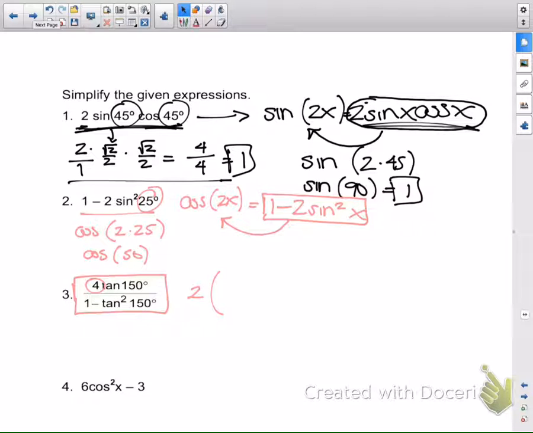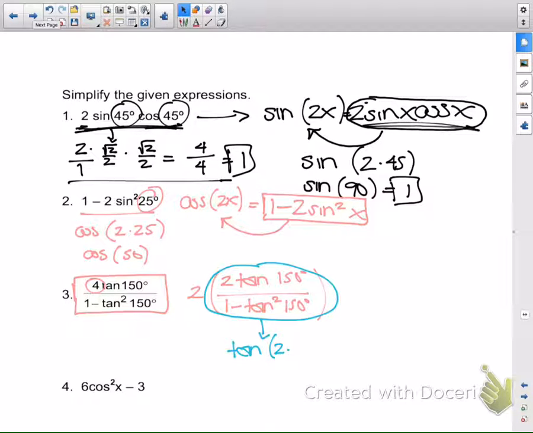A 2. If I just factor out a 2, all that affects is the top. Okay? Now what's in there looks exactly like my formula. My tangent formula says that this whole parentheses here simplifies down to the tangent of 2 times the x value, which in this problem, my x value is what? 150.